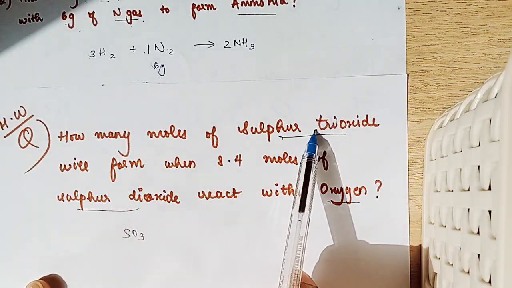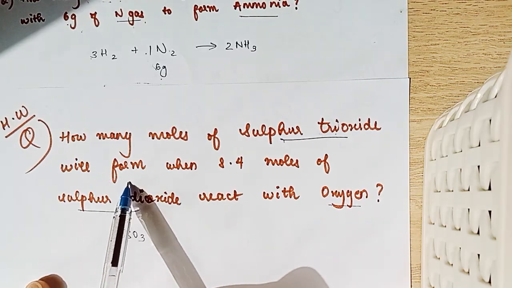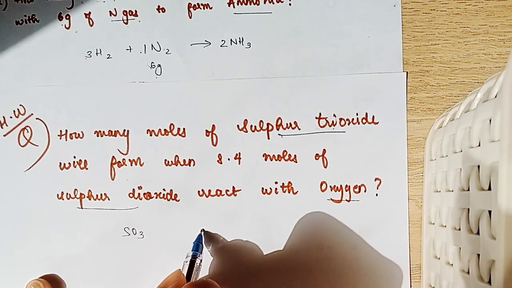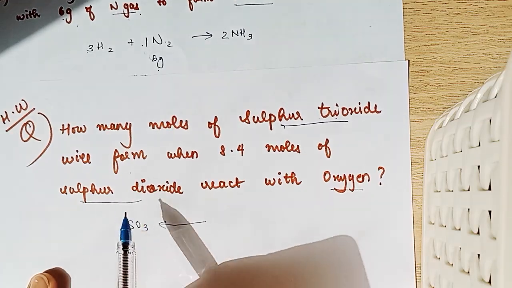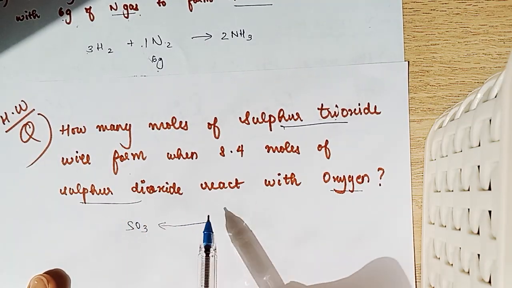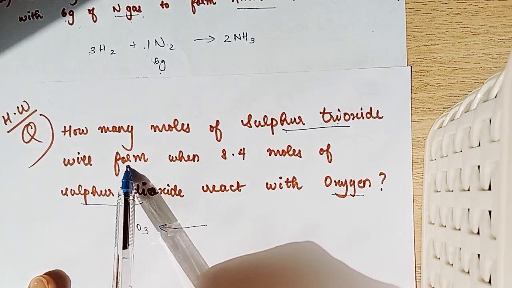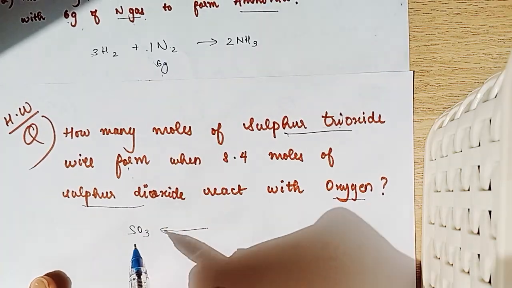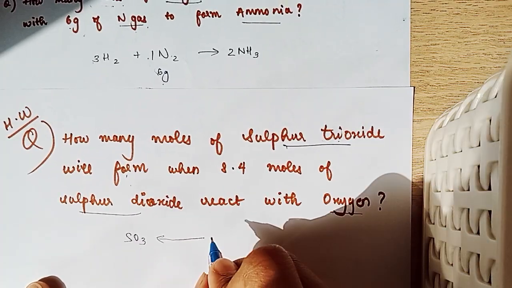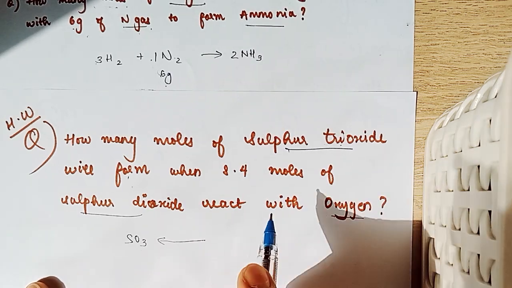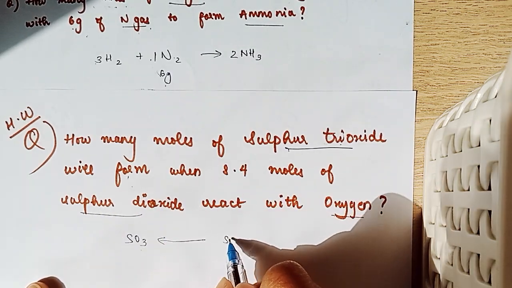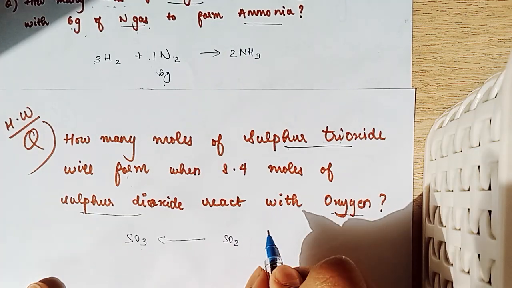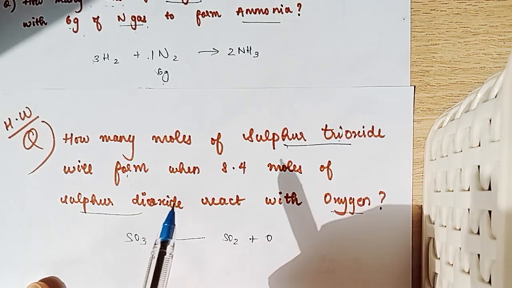But then sulfur trioxide is formed, so it should be on the product side. Okay, this is the reactant side and this is the product side. SO2 reacted with oxygen will give you sulfur trioxide.